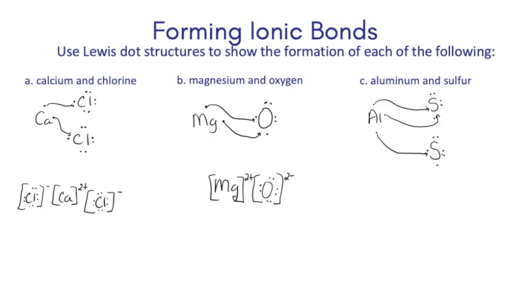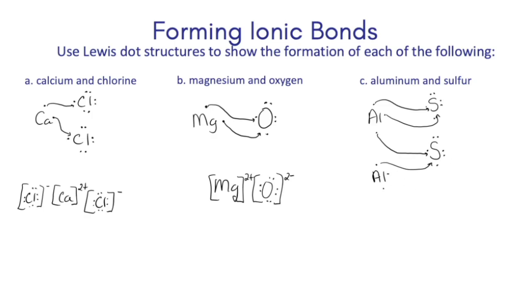Aluminum is happy, but sulfur is not. So we will add another aluminum. You may now see that you would just continue to add another of one of the 2 atoms that we're using to form the bonds until each atom in the bond is satisfied. This aluminum electron can be transferred here.